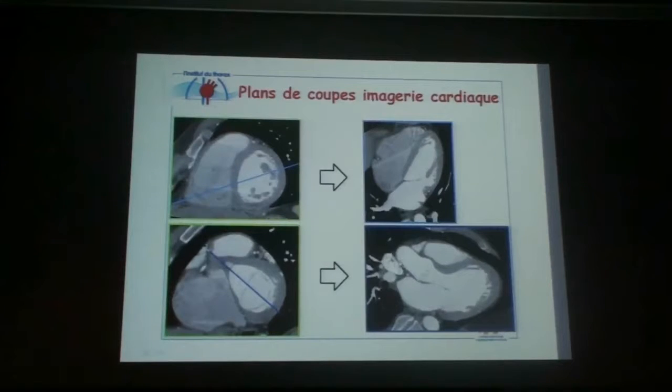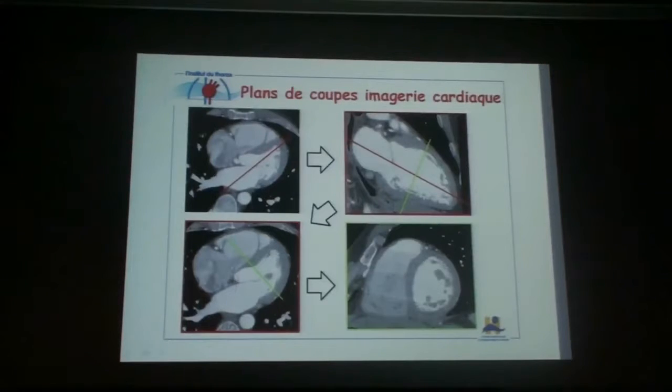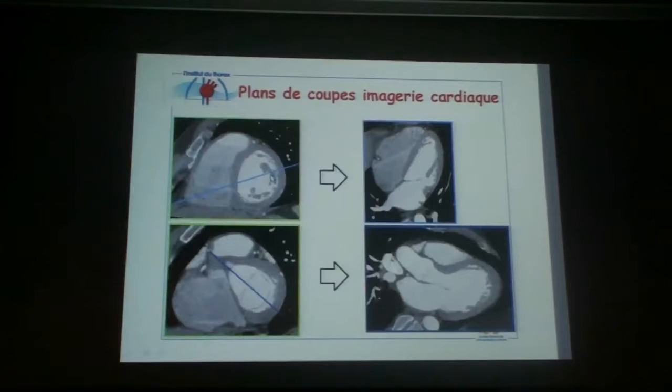It's not finished, because you believe you have correct planes, but in fact this four-cavity is not a real four-cavity orientation. You need to go on again from this short axis to position a slice that goes from the center of the left ventricle to the right corner of the right ventricle so that you get a real four-cavity slice. You can also get another orientation that is called three-cavity, which is very useful to study valves, which we're going to see.